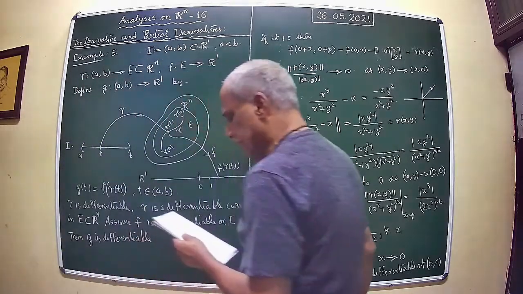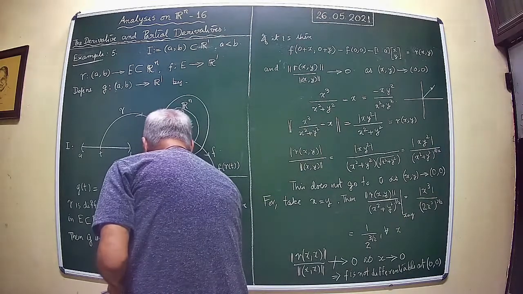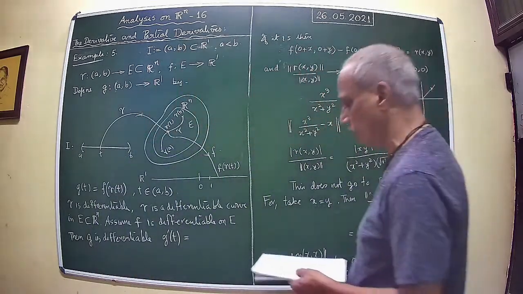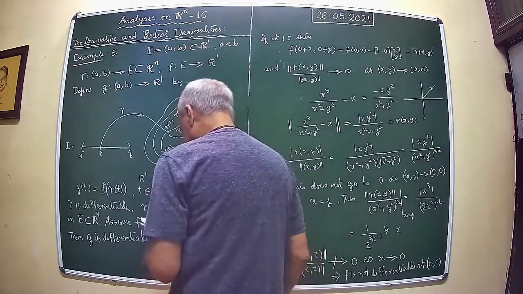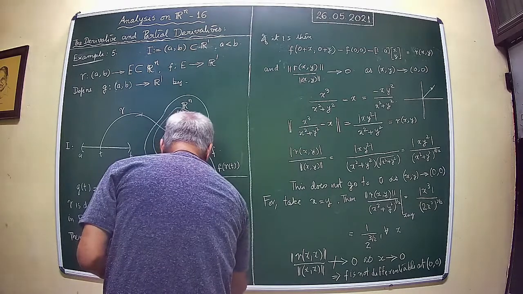And we have seen that g derivative of t is a linear transformation from R1 to R1, which is obtained as f derivative at gamma t composed with gamma derivative at t.